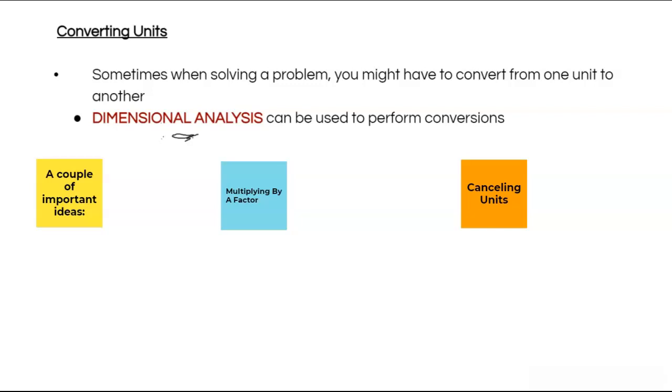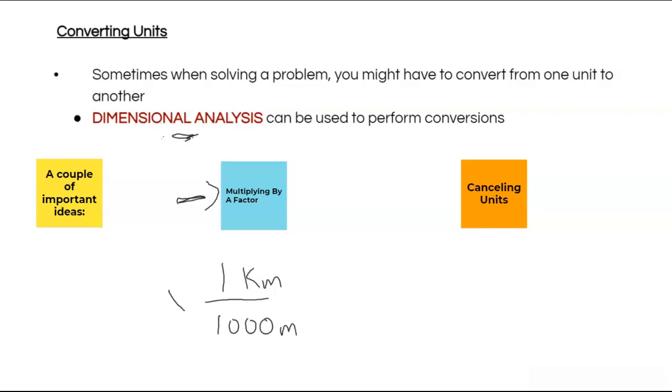Okay, so what we're going to be doing in the process of dimensional analysis is multiplying by a factor. Each factor is going to be in the form of a fraction, and that fraction is going to be a factor that relates one unit to the other. For example, I know that 1 kilometer is equal to 1,000 meters, right?